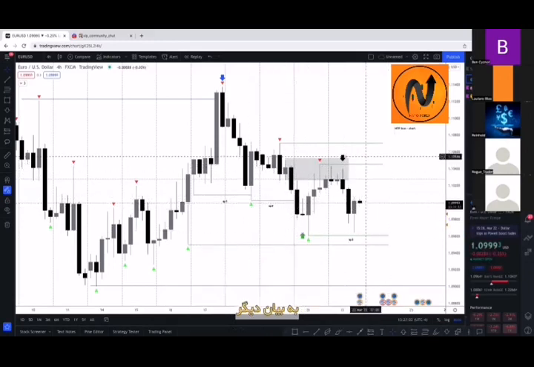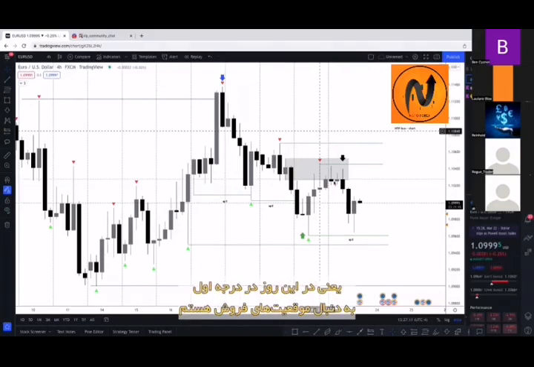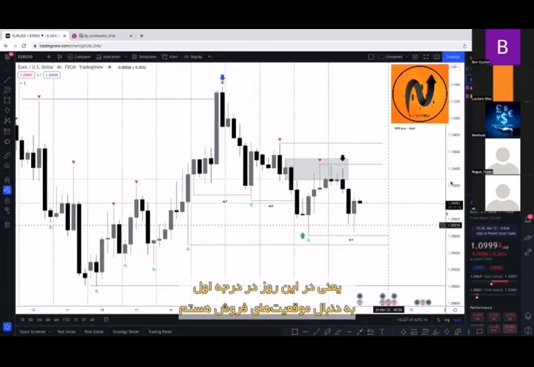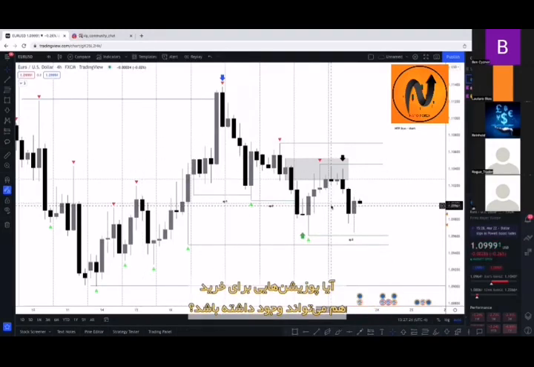In other words, my external view and my high time frame view are considered to be short, meaning throughout this day, I should primarily be looking for short positions, right? I shouldn't really have to be looking for anything else but short positions. Can there be positions that go long?